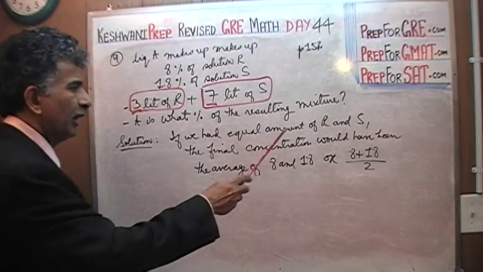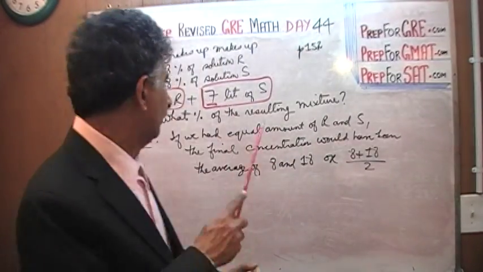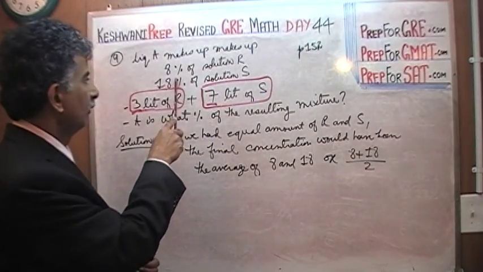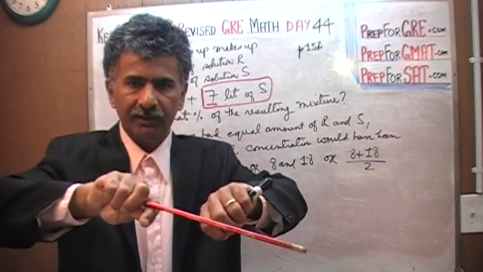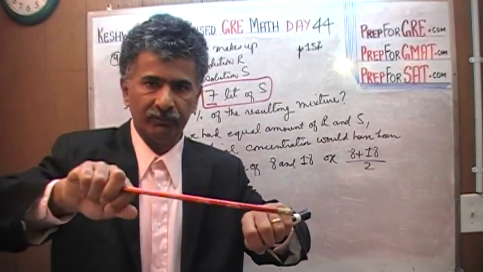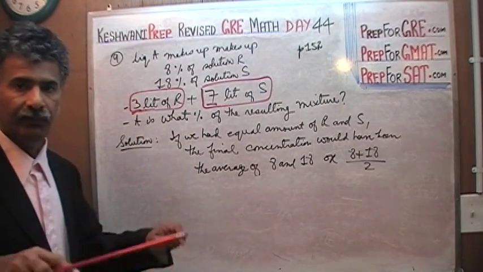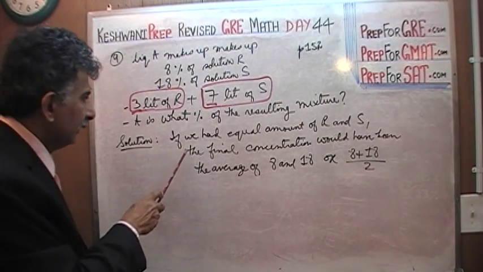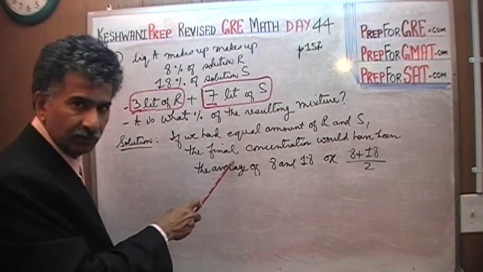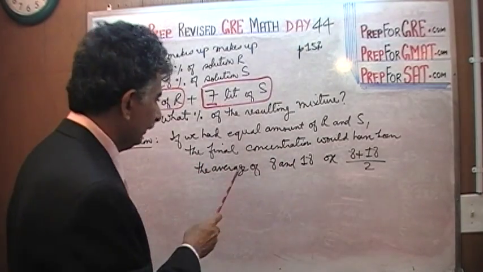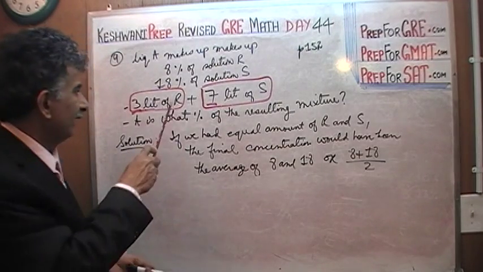If we had equal amounts of solution R and solution S, 1 liter of R and 1 liter of S, or 5 liters of R and 5 liters of S, as opposed to 3 liters of R and 7 liters of S, the resulting concentration would have been simply the average of the 2 numbers, 8 and 18.